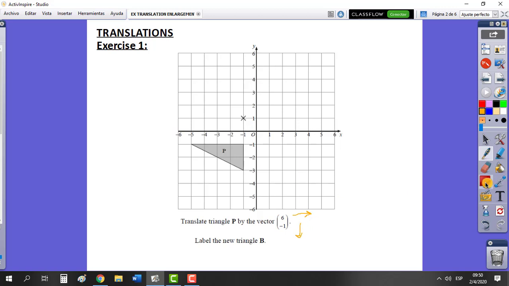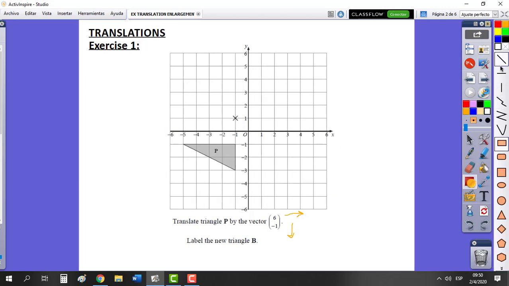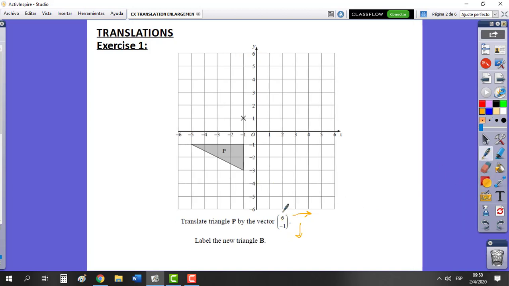So I will do it with lines probably because it would be easier. First with dots. Okay, so if we have to move 6 to the right, this corner over here will move 1, 2, 3, 4, 5, 6 to the right, so the vertex will be there.